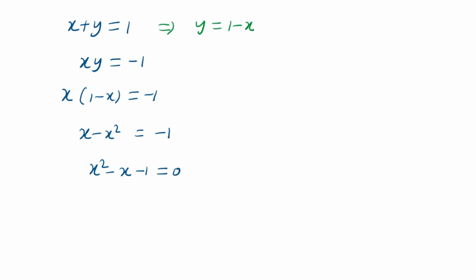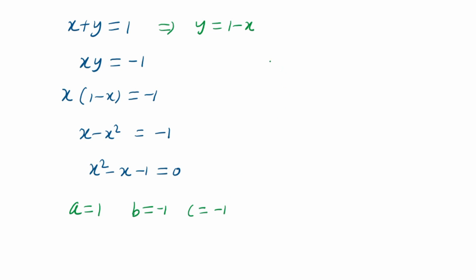Here we will apply the quadratic formula. The value of a is 1 because the coefficient of x square is 1, and the coefficient of x is minus 1. It means the value of b equals minus 1, and the constant term c equals minus 1.